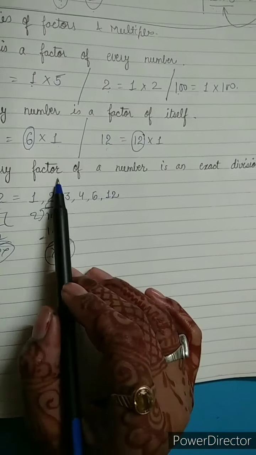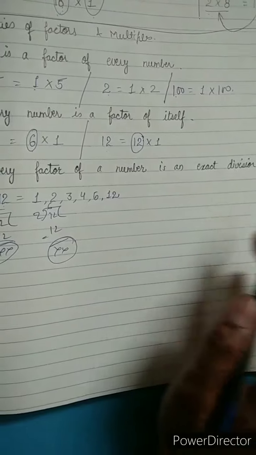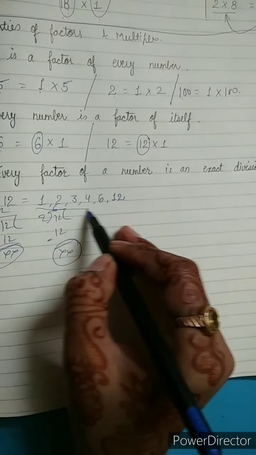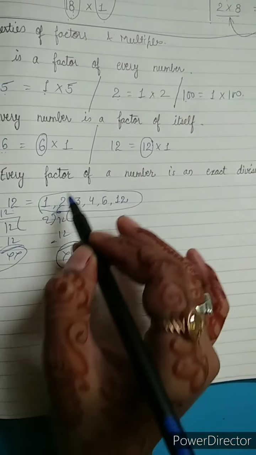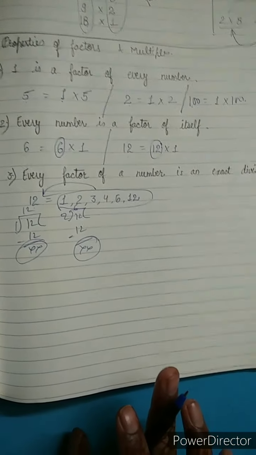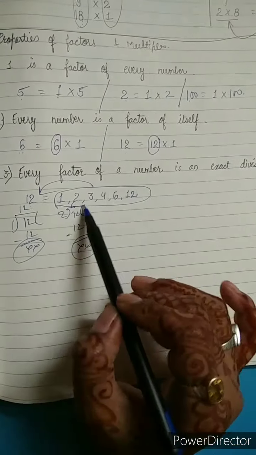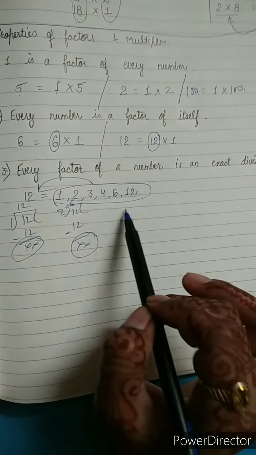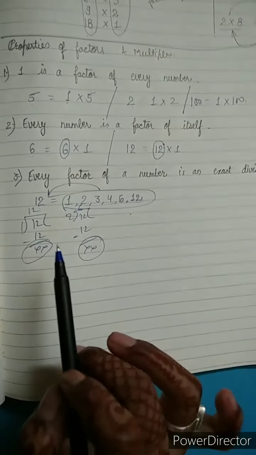That's why every factor of a number is an exact divisor of that number. It means 1, 2, 3, 4, 6, 12 से 12 पूरा का पूरा क्या हो जाएगा? Divide.